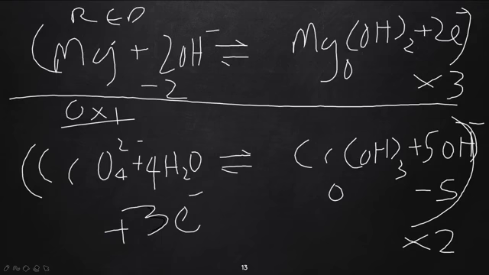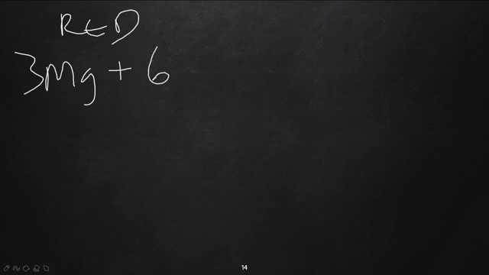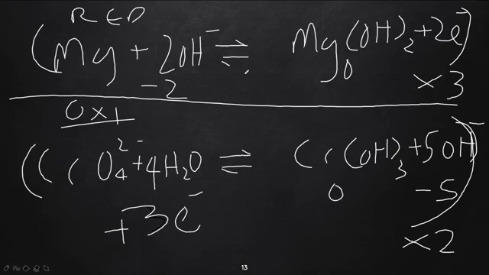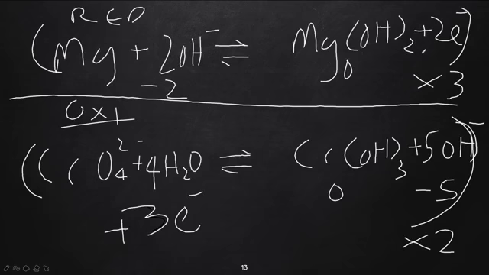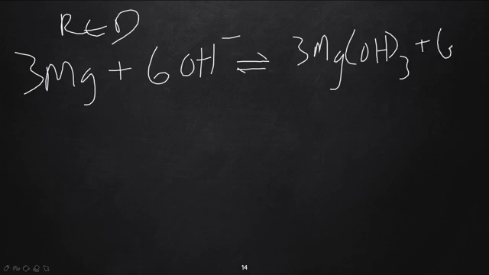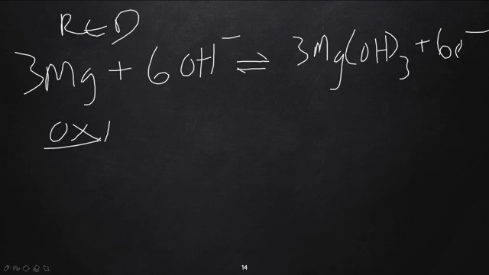That is every single thing multiplied by 3, so that would be 3 Mg plus 6 hydroxide, plus 6 OH minus, giving a reversible reaction of 3 Mg(OH)2 plus 6 electrons, 6 OH minus.